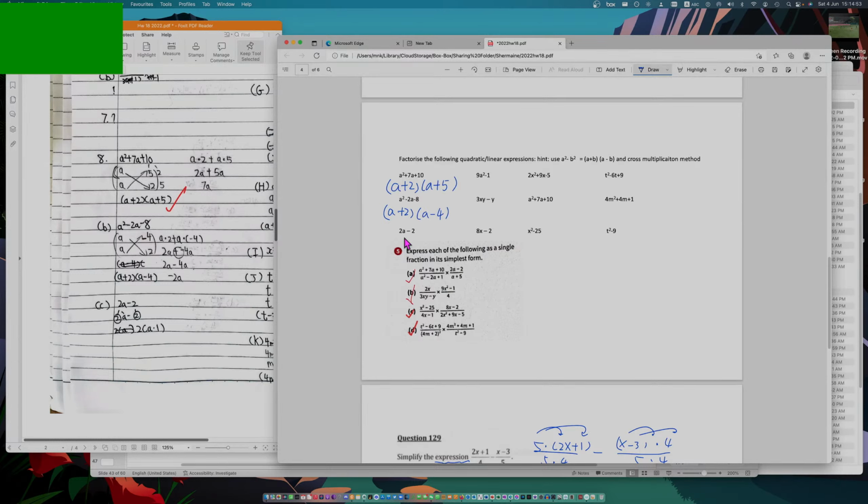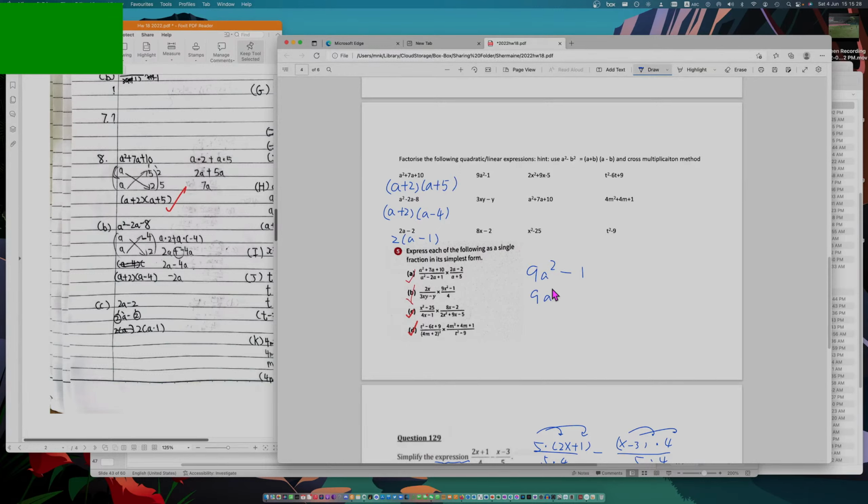Then this one correct. Okay, can you show me this one? 9a squared minus 1. Okay. So for 9a squared minus 1, right?